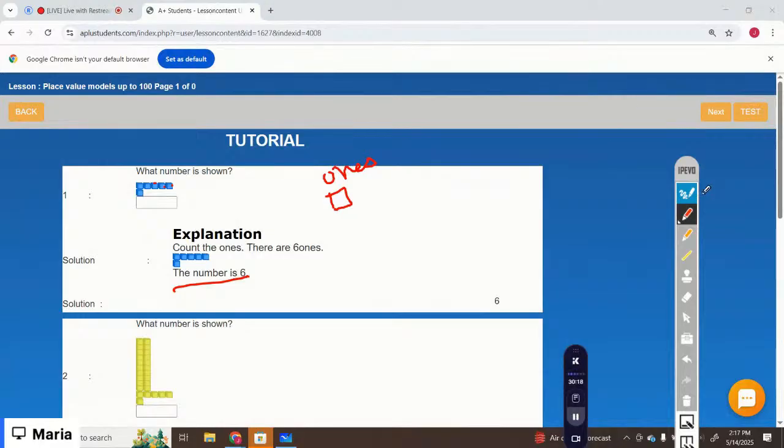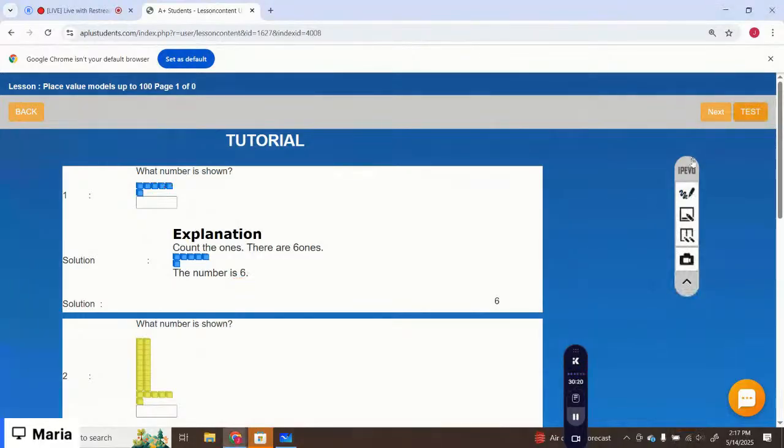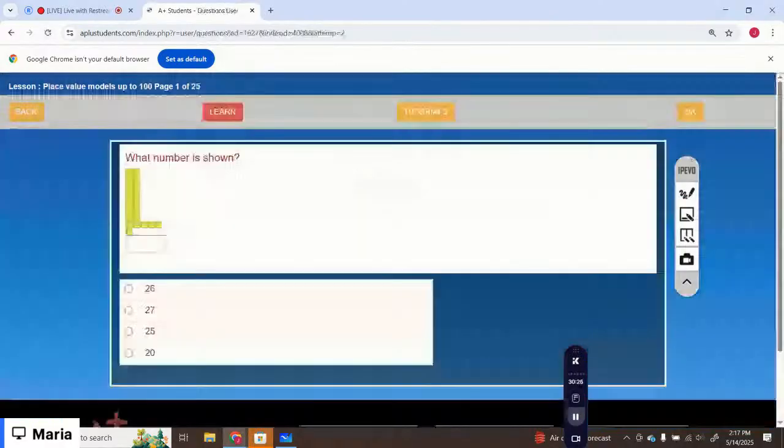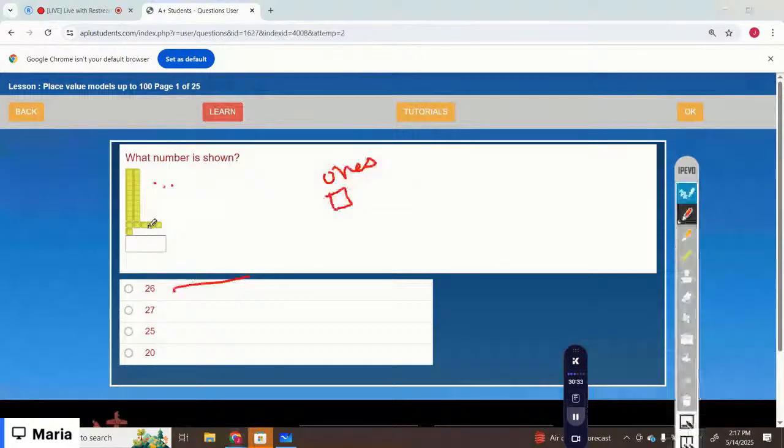Let's just start with the test questions. What number is shown? So now let's see what number it is. These bars with 10 small lines represent the tens, right?